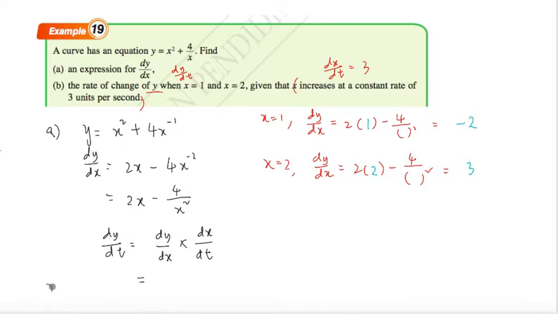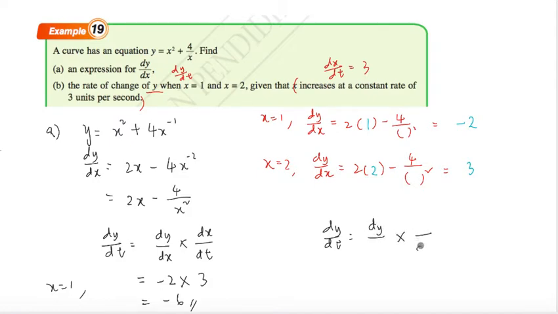When x equals 1, dy/dt equals dy/dx multiply dx/dt. When x equals 1, dy/dx equals negative 2, and dx/dt given equals 3. So negative 6.